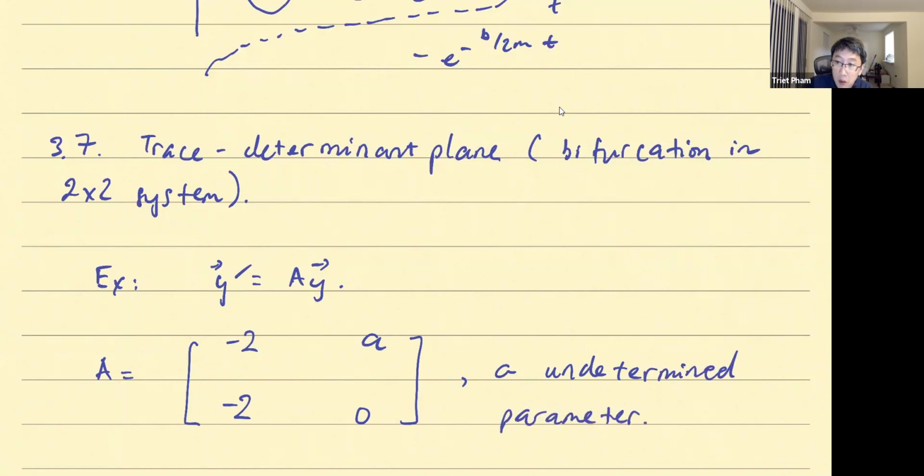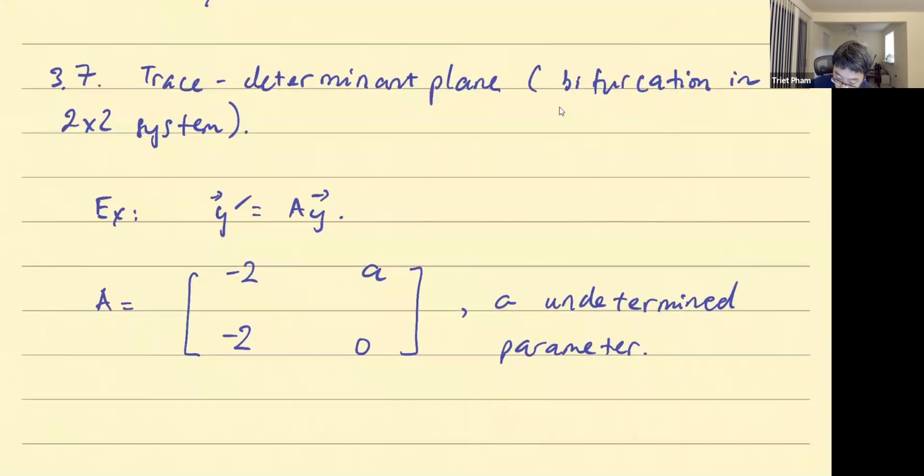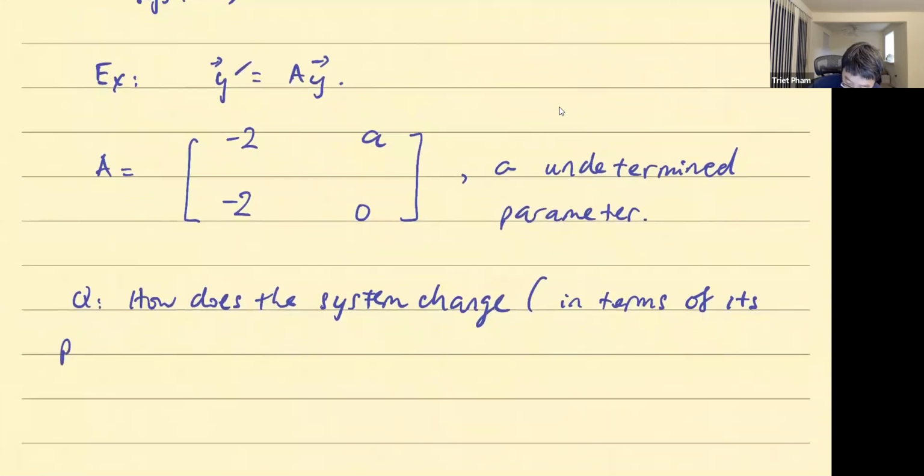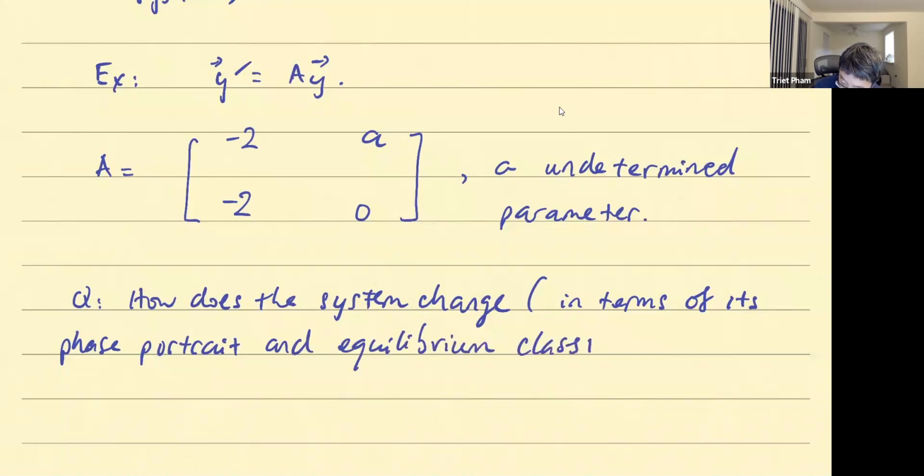So what we want to do is to describe, or basically, the question is how does the system change, of course in terms of its phase portrait and equilibrium classification, as A changes.